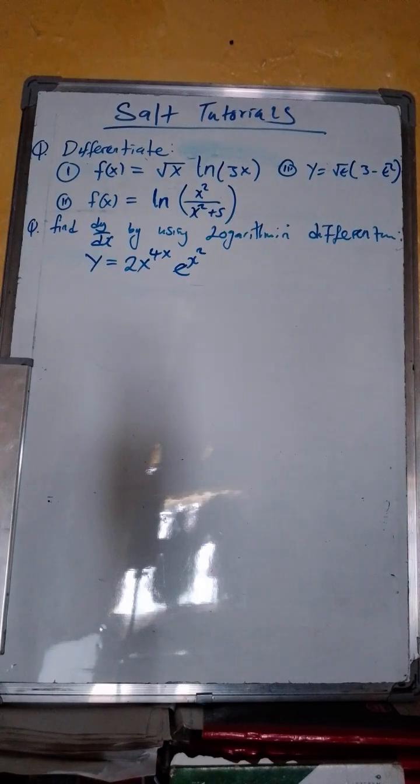Once you see a certain question, something needs to click in your mind to say, at this point I'm able to use this particular rule. Is it product rule? Is it quotient rule? Is it chain rule? And so forth.